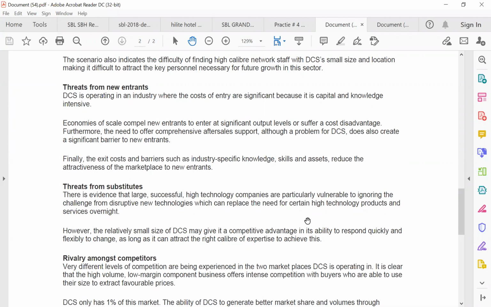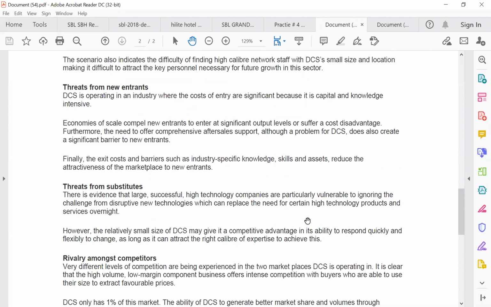Then it says threat from new entrants. DCS is operating in an industry where the costs of entry are significant because it is a capital and knowledge intensive industry. Economies of scale compel new entrants to enter at a significant output level or suffer a cost disadvantage.